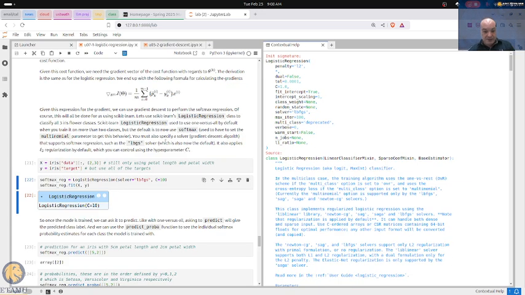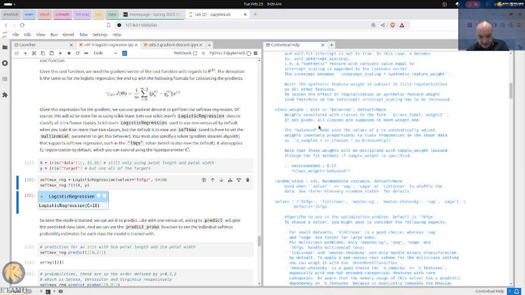But here, if you read through this, it used to be there was a multinomial parameter, but now we've got just something called multi-class, which has been deprecated.